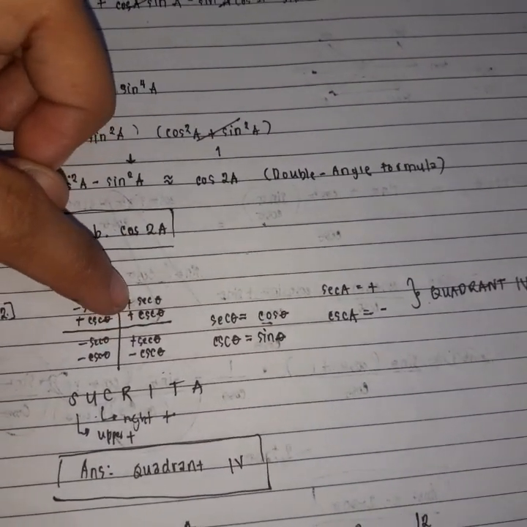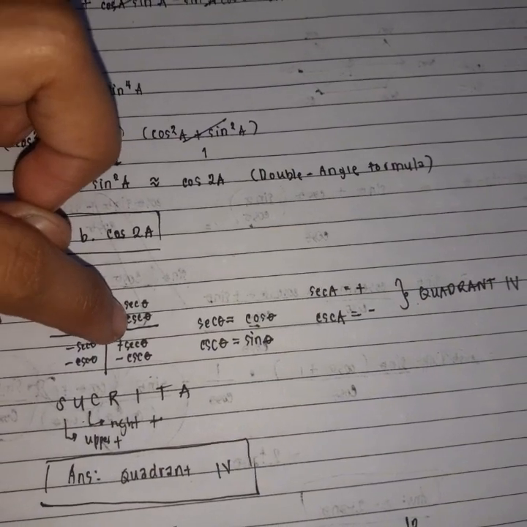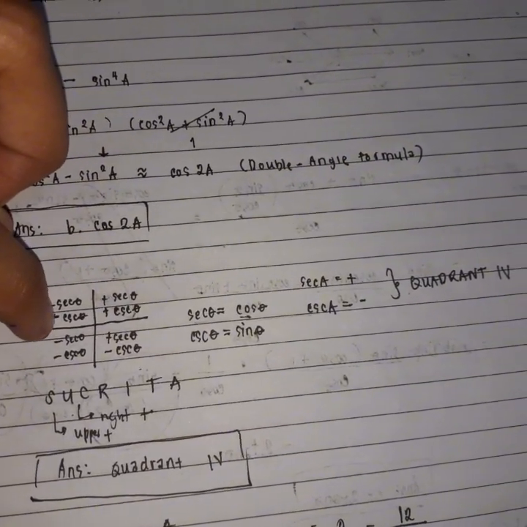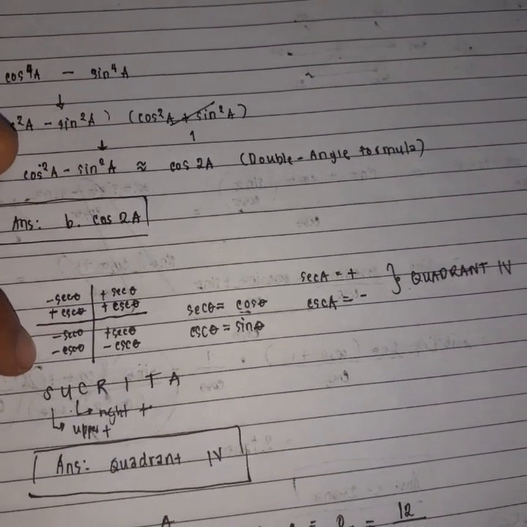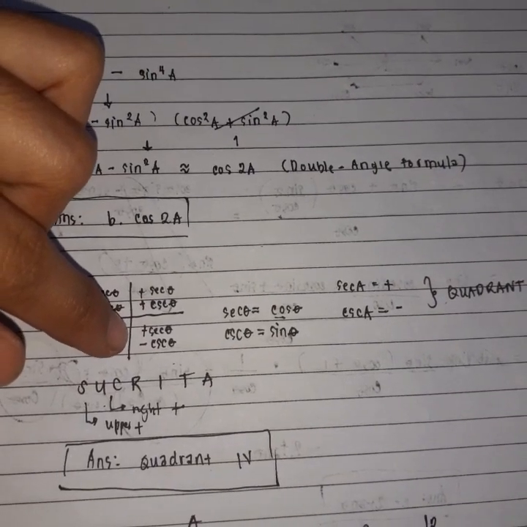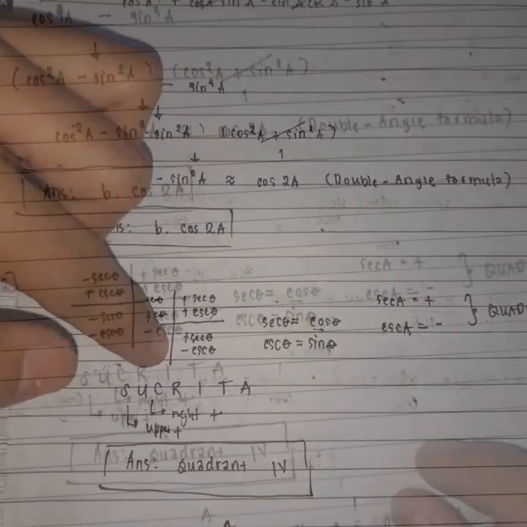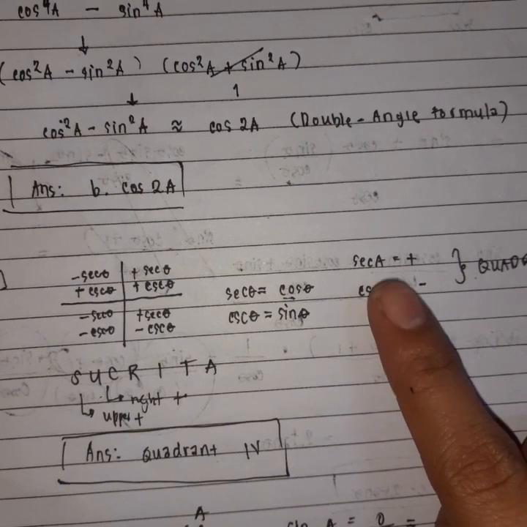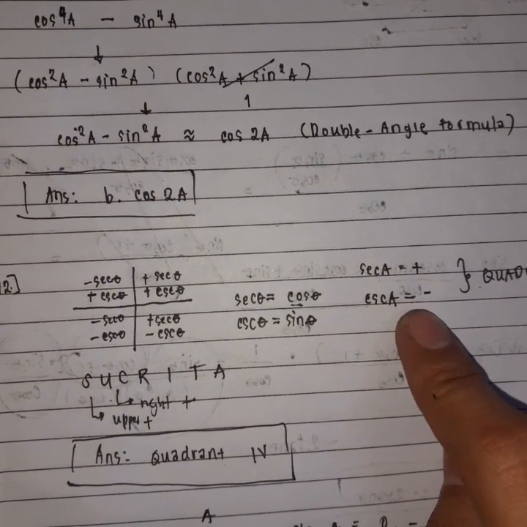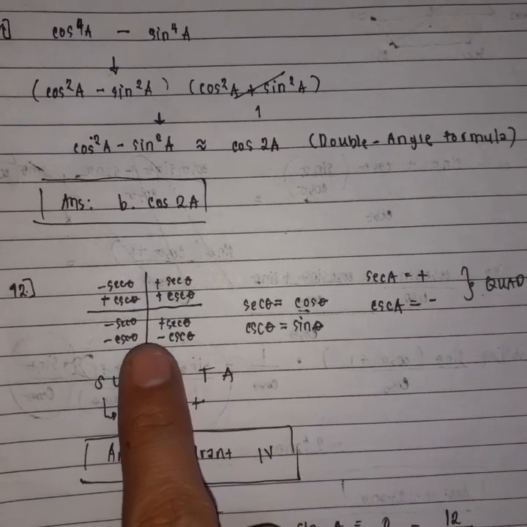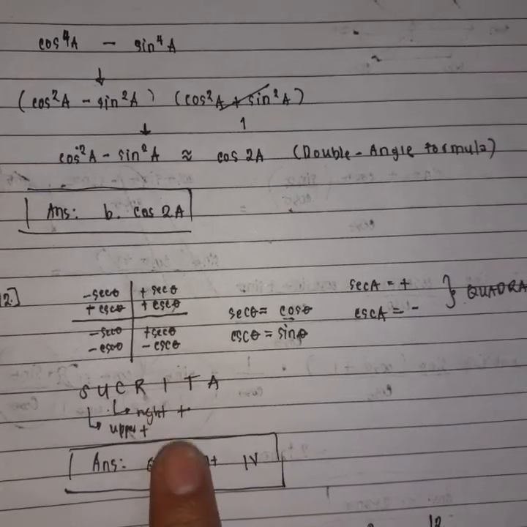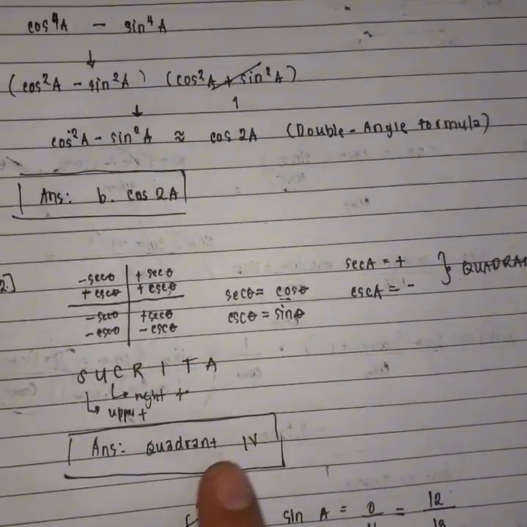We know that in quadrant 1 secant and cosecant are both positive, in quadrant 2 secant theta is negative and cosecant theta is positive, in quadrant 3 they are all negative, and in quadrant 4 secant theta is positive and cosecant theta is negative. Since we are tasked to find the quadrant where secant theta is positive and cosecant theta is negative, remember, it's in quadrant 4. Hence, our answer is quadrant 4.